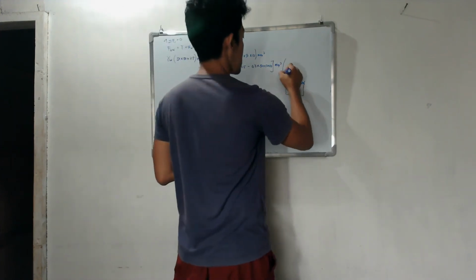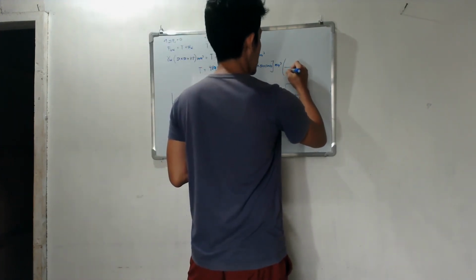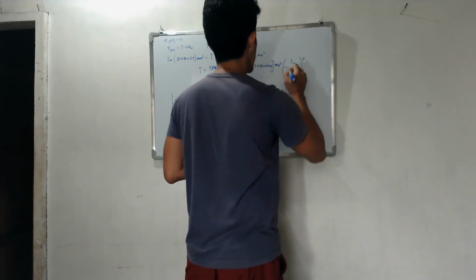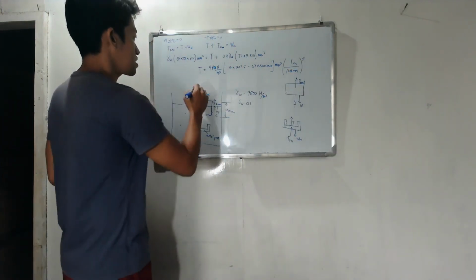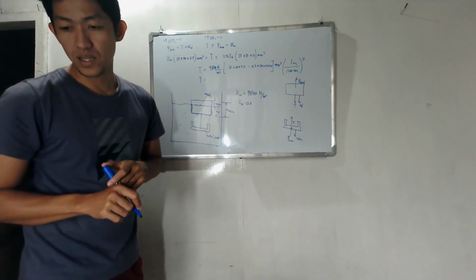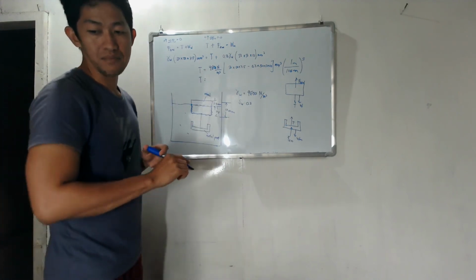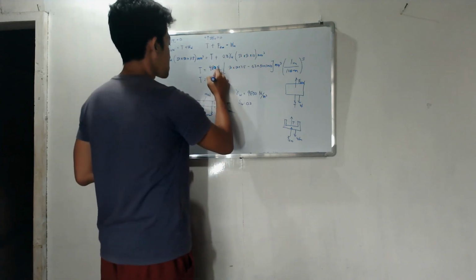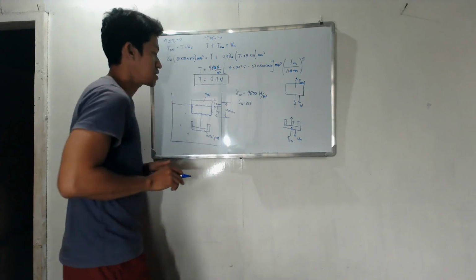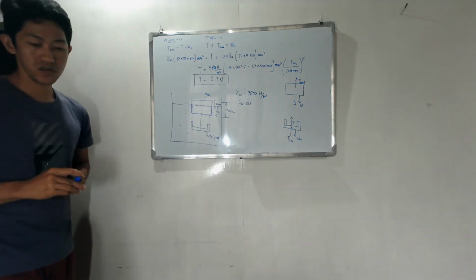So, convert na ni, 1,000 mm is 1 meter cube. Therefore, ang tension ani is just 0.11 Newton. Okay, so nakuha na ang tension.